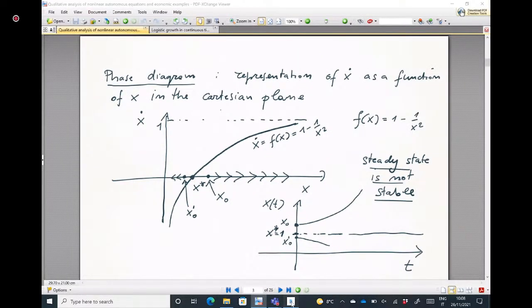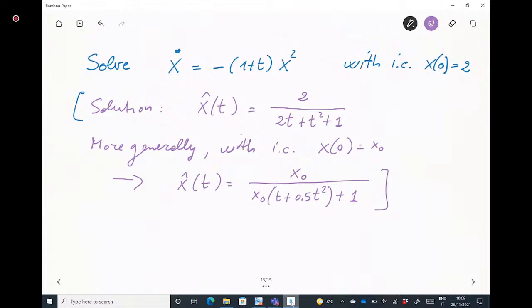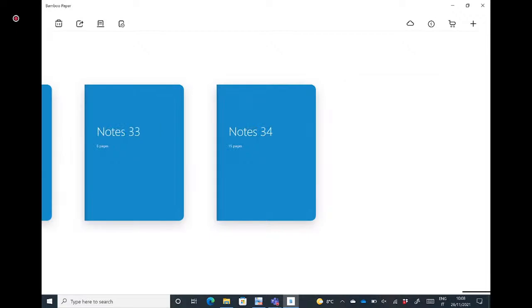It's not wasted time, I guess. If you want to draw 1 minus 1 over x squared, just remember what we learned in the first class about representing functions starting from elementary functions.